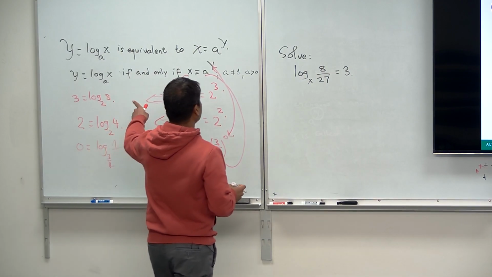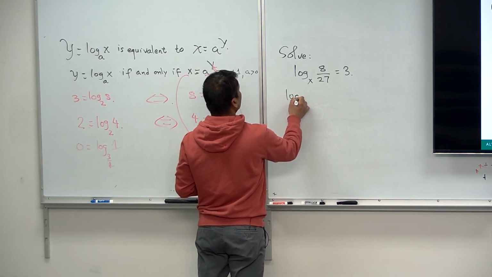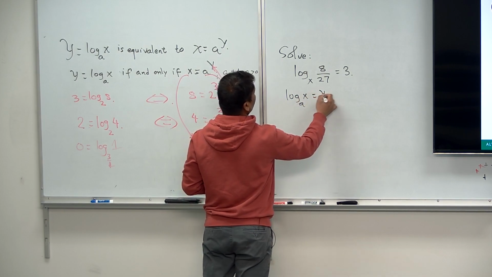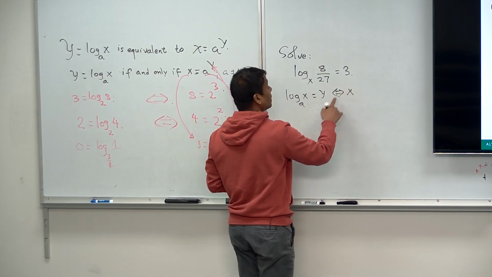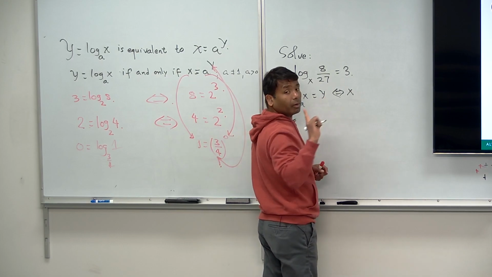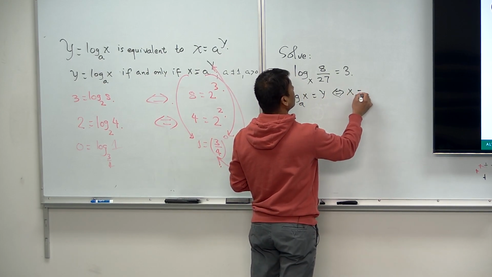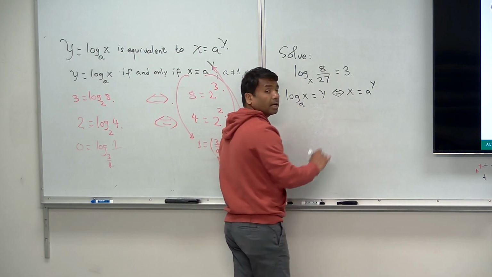So we use this. Remember, logarithm with base a of x equals y is true if and only if x equals a to the power y. This is very important, okay?